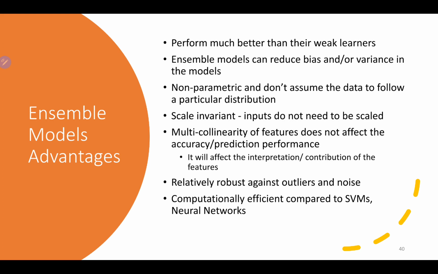But if that's not so much of an issue for us, if you're just more interested in having a high performing model, then the ensemble models are generally good. The ensemble models are generally robust against outliers and noise, so that's another good advantage of it. And some other complex models like SVM and neural networks comparatively require more computation. So the ensemble models are computationally more efficient compared to them.